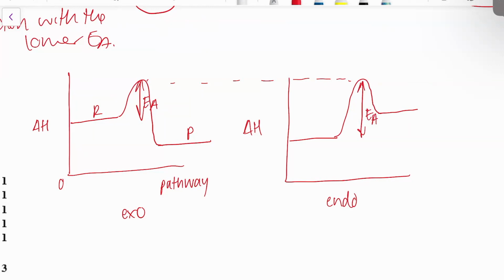So what do you notice about the activation energy of the exo and of the endo reaction? For the endo, it requires more. So if you draw equal and opposite energy profile diagrams for a reversible reaction, then the endothermic reaction always has the higher activation energy barrier.